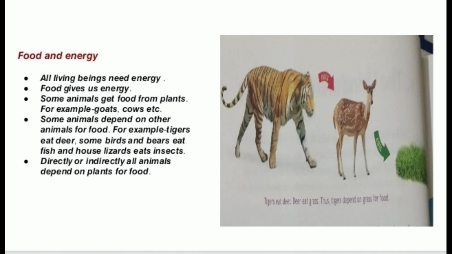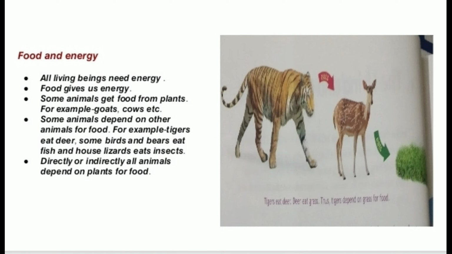The first characteristic that differentiates a living being from a non-living being is food. Living beings need food to get energy. Food gives us energy. Like us, all living beings need energy and get that energy from food.